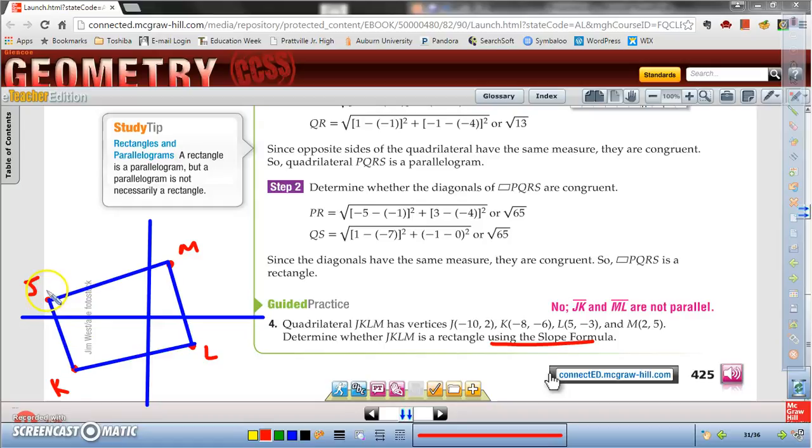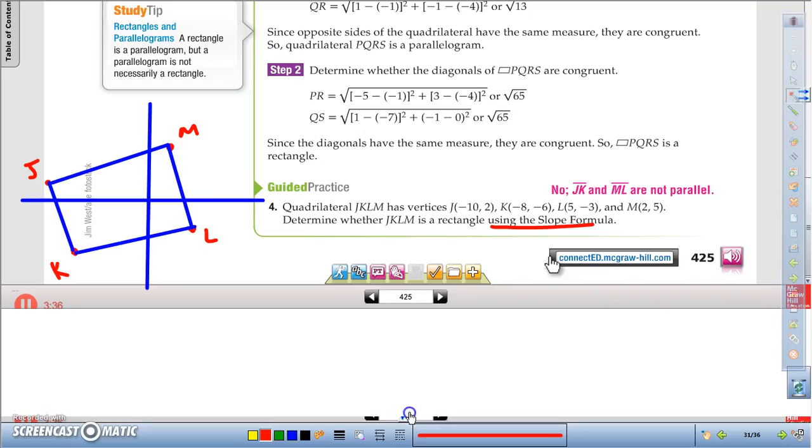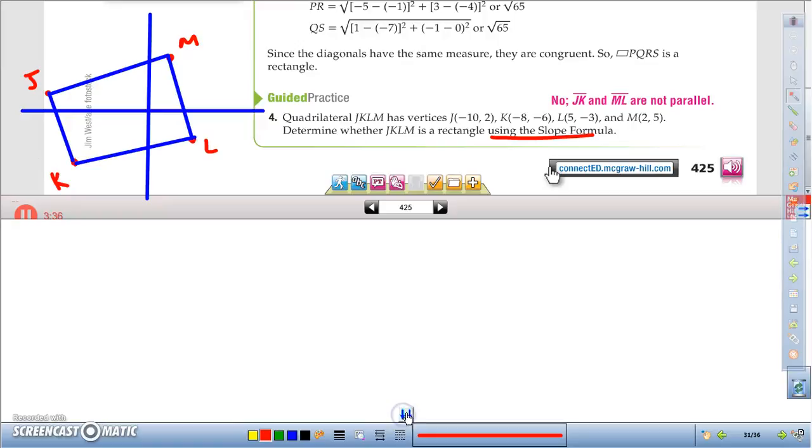Then I'm going to measure the slope of JK and the slope of ML. That's going to tell me whether or not those two lines are parallel. All right. So I'll label my points here and start finding some slopes. And I can just label them as slope of JM would be.